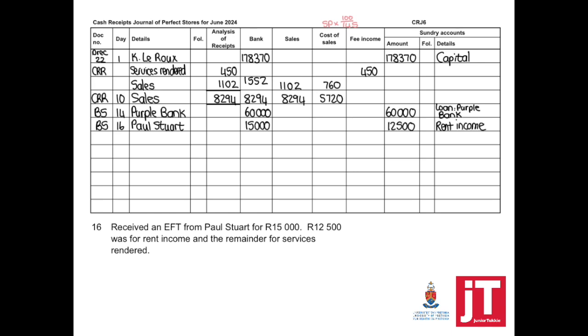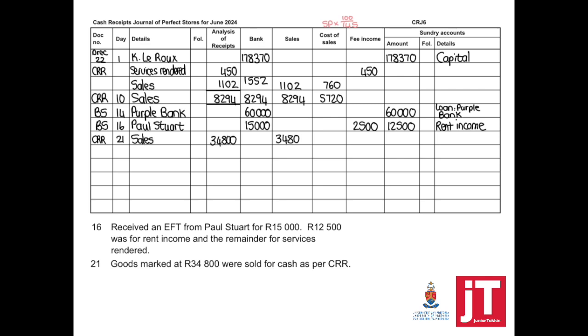My source document is bank statement. From who did we receive the money? Paul Stewart. How much? $15,000. $12,500 was because of rent income, and the difference, $2,500, is for services rendered, and that goes under fee income. So be careful with this transaction.